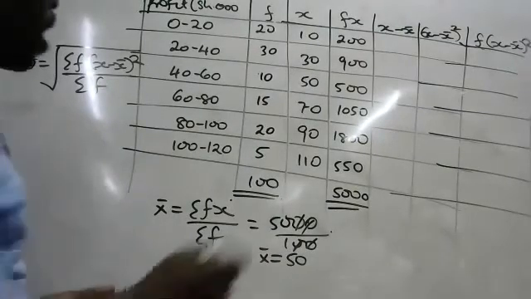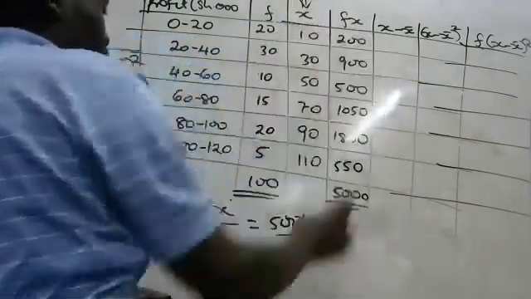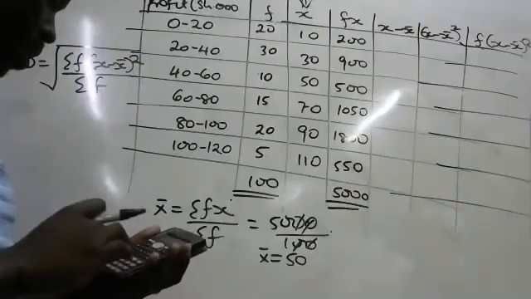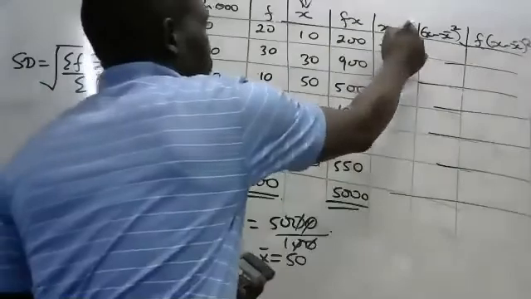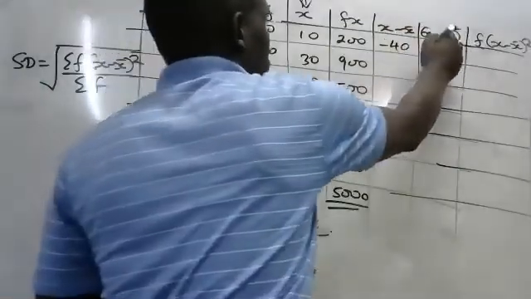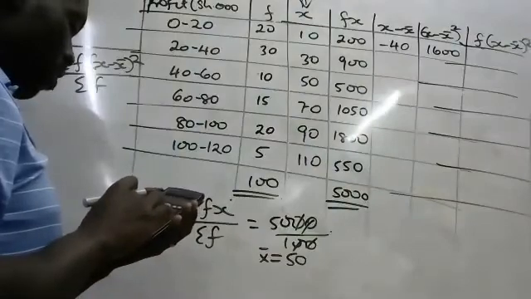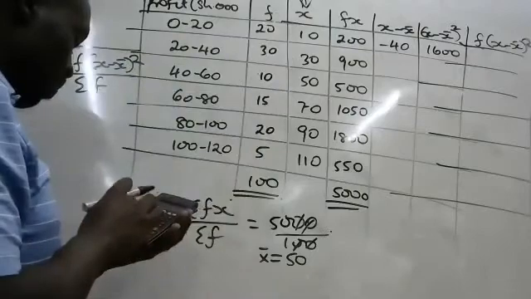So our x values are these. For each and every value of x, subtract x bar, which is 50. So 10 minus 50 gives us negative 40. Squared, this one will be positive 1600, times the frequency, which is 20.